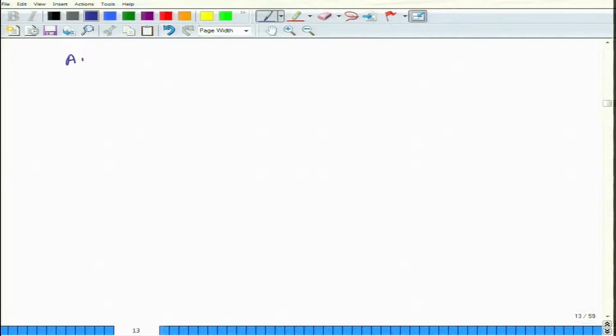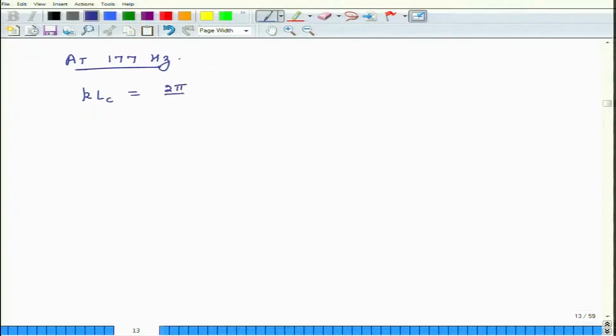So, at 177 hertz, first thing we do is, what is KLC? LC is already known and K is the wave number.